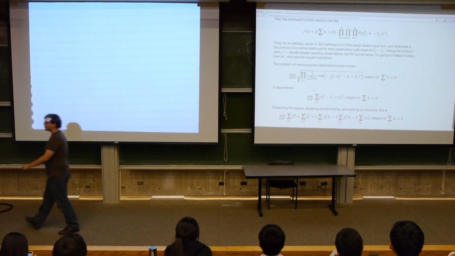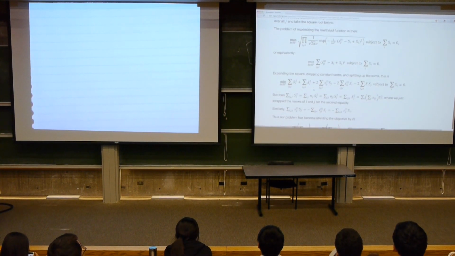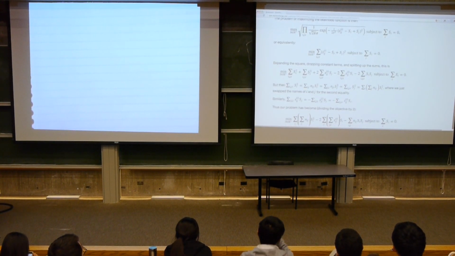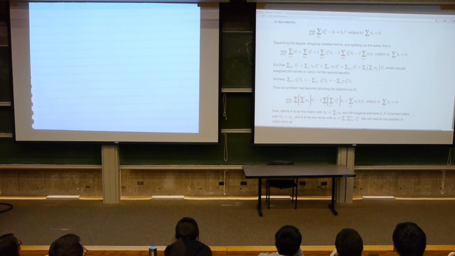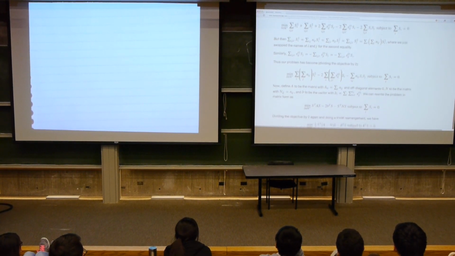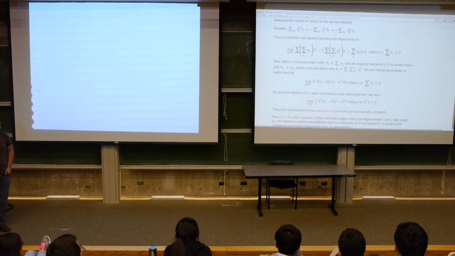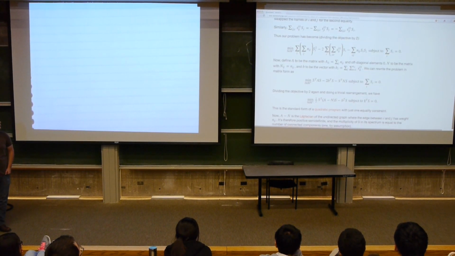Continuing to do some expansion, you can expand out those squares, get a bunch of terms, and use some facts about what the variables actually mean. The details don't matter here. But the point is, eventually you can write it down as a quadratic program. Now it's a quadratic program, and we can divide by 2.